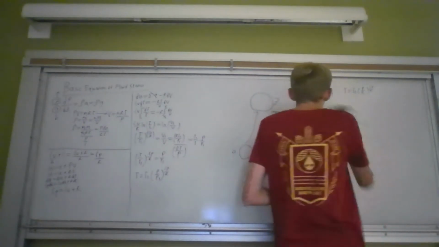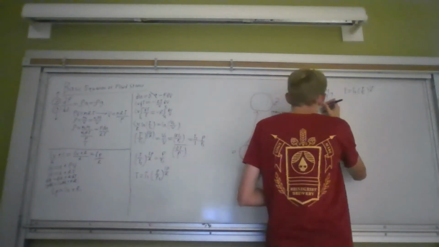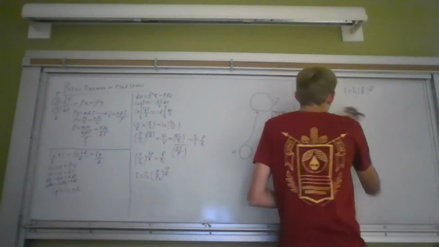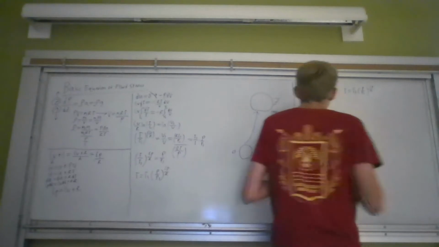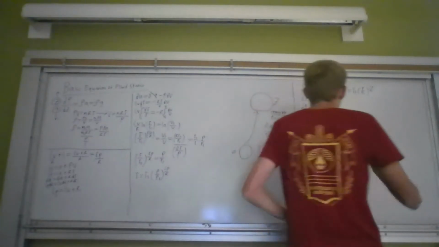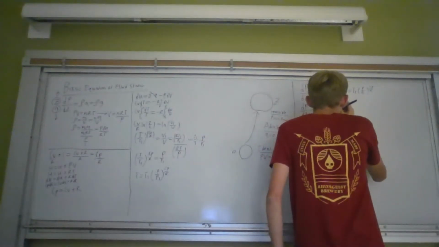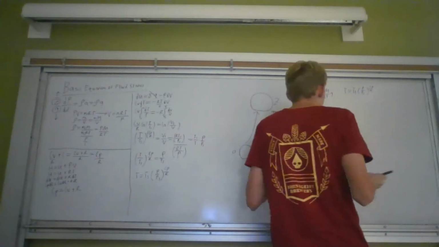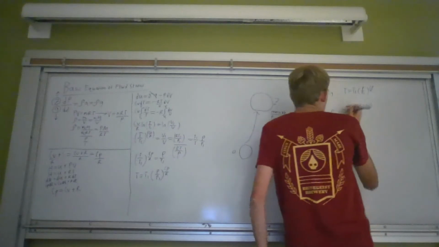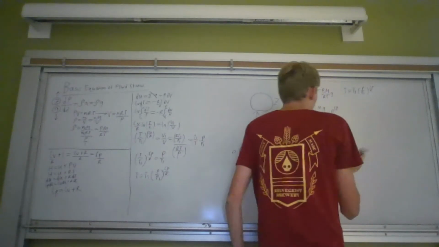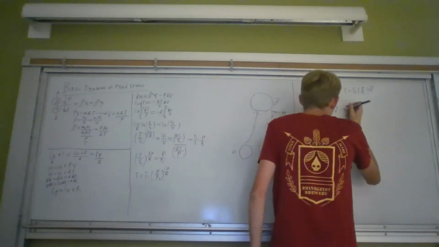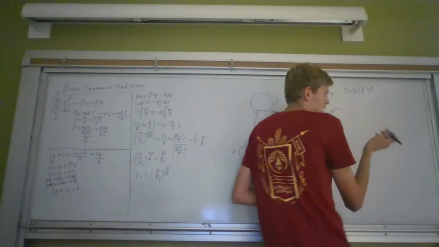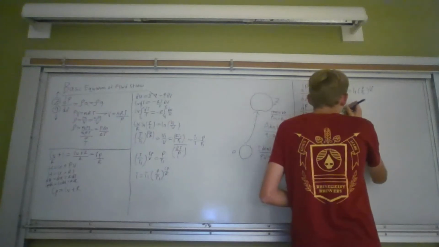So what we can do now is say that our molar mass times gravity over our gas constant times temperature is multiplied by pressure to the power of 1 minus our constant pressure over R, sorry, I made a mistake there.